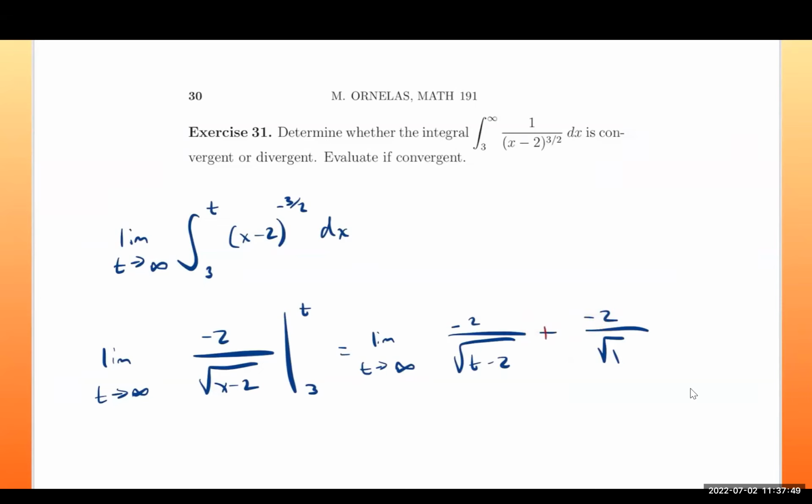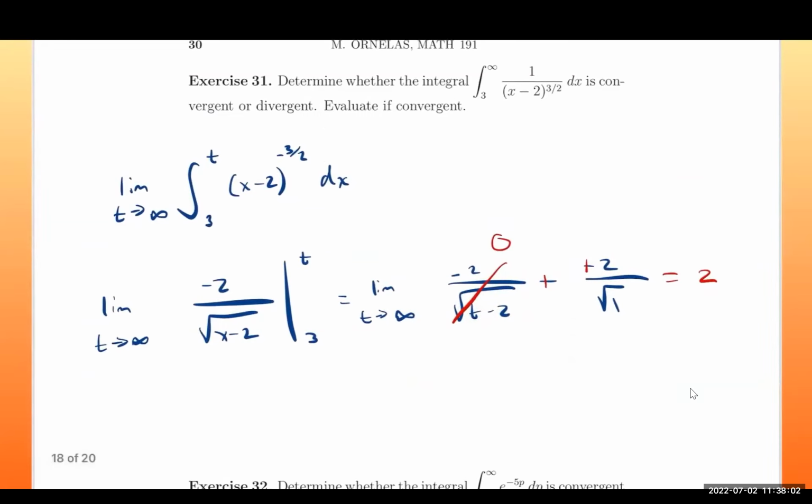And then these two negatives become positive, so this is going to just become plus 2. And then if you substitute infinity into t, this is going to be infinity in the denominator, which will become 0. So your final answer is just 2, which means it is convergent.